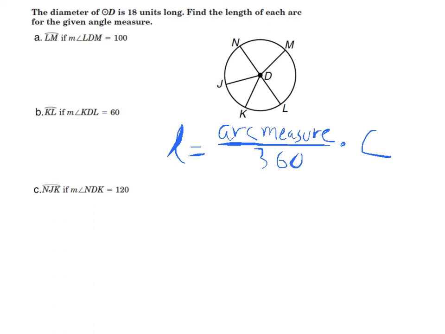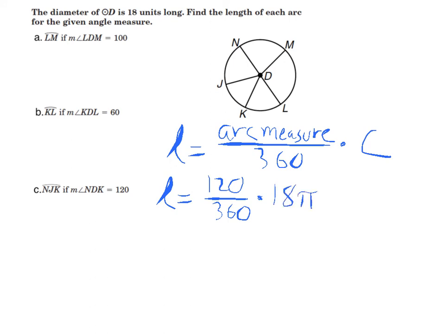To get the arc length, I need the arc measure, which is the same as the measure of the central angle. They tell me that this angle here, NDK, is 120 degrees. So in my formula, L is going to equal 120 over 360 degrees, for part of the circle over degrees for the whole circle, times circumference, which is still 18 pi because it's still the same circle.